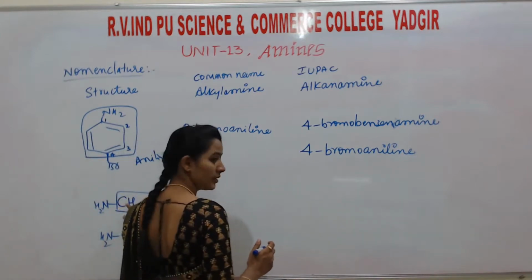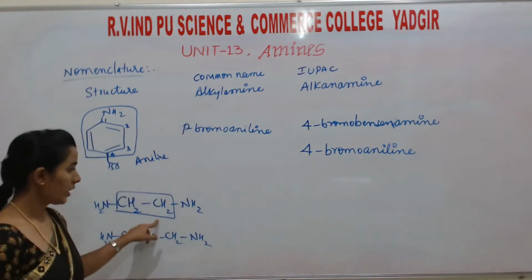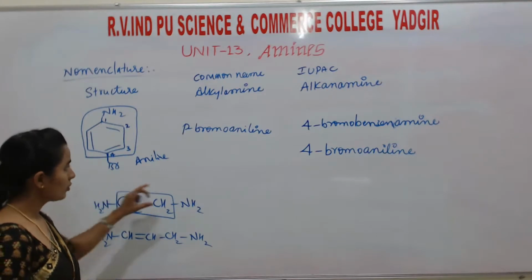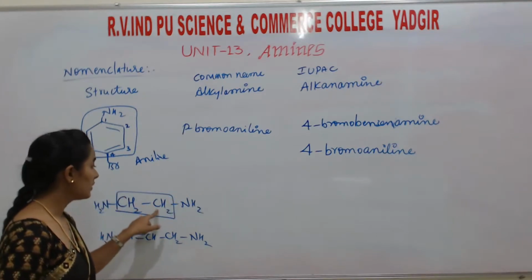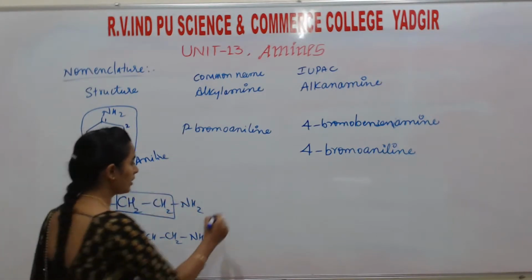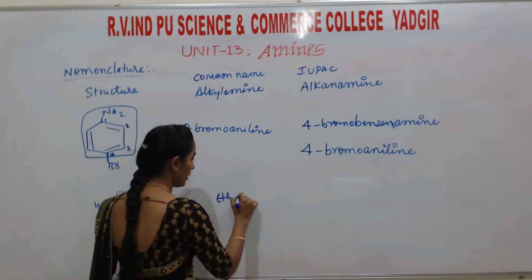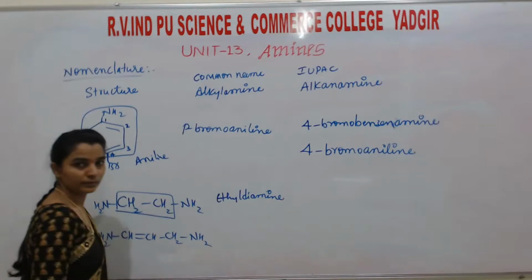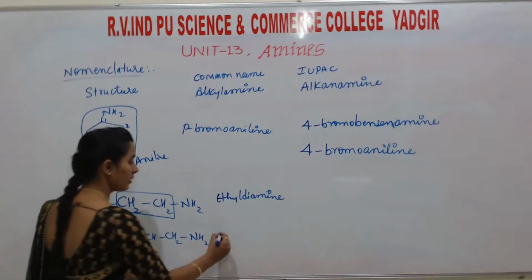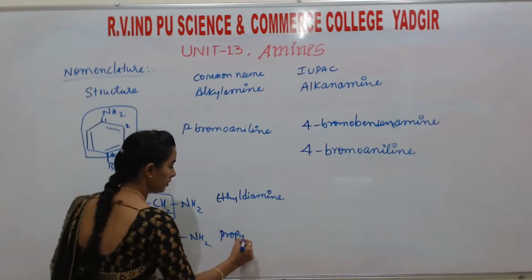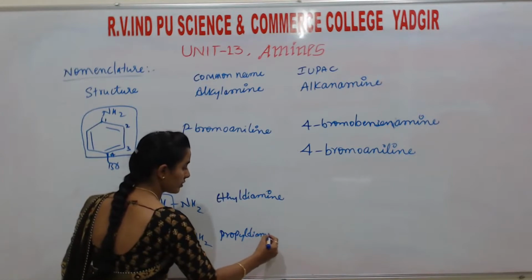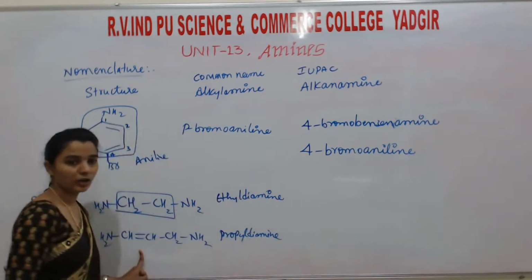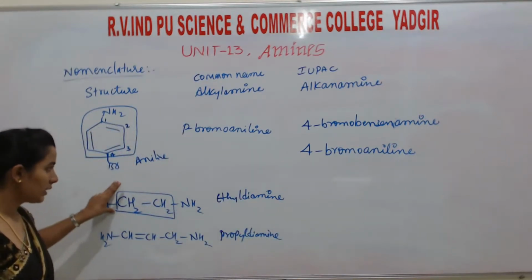Here for the parent chain, I will directly write the IUPAC name. You may write here, that is ethyl diamine. Common name is ethyl diamine. This one is propyl diamine. So we don't bother about the common name. I will go with the IUPAC name.